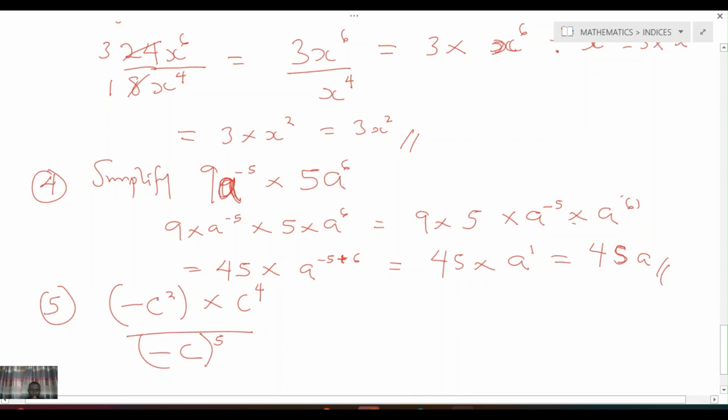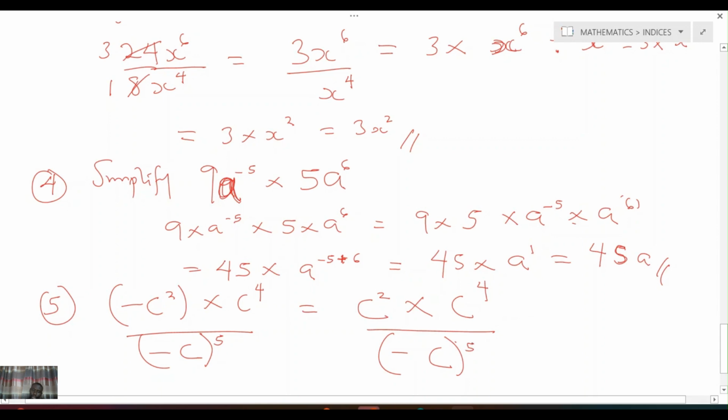We know that this minus c is the owner of this squared, and this will become plus c squared, times c raised to power 4, all over minus c raised to power of 5.